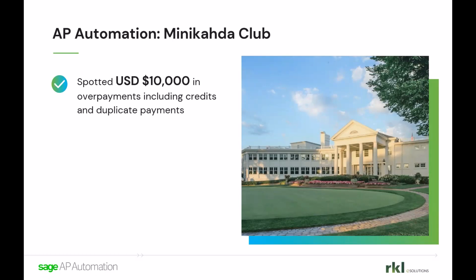So that's pretty crazy, right off the bat like that, just being able to have a structure in place. And then using Sage AP automation, managers were actually able to use the web and the mobile app to approve documents online. So we're all busy these days. We don't want to slow down the process. So if we're in the airport or, for this case, if you're at the golf course, you can still pull out your phone, approve some invoices, and away you go.